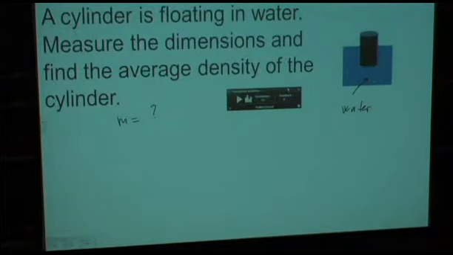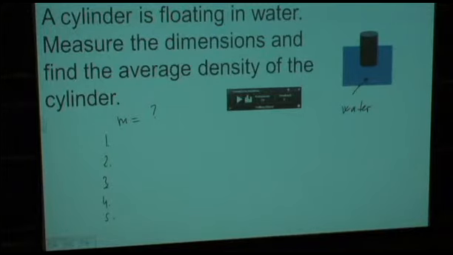So eventually we can go down to the density, but still, one of the first calculations should be the mass.